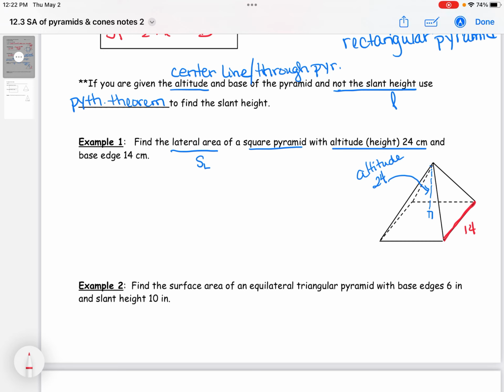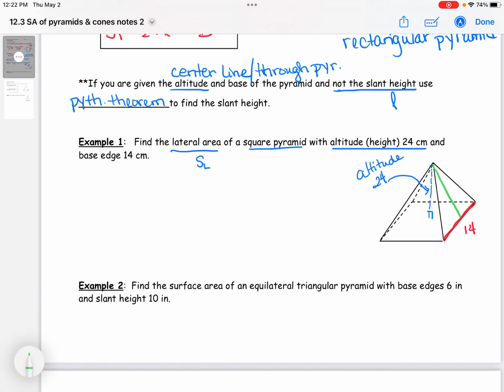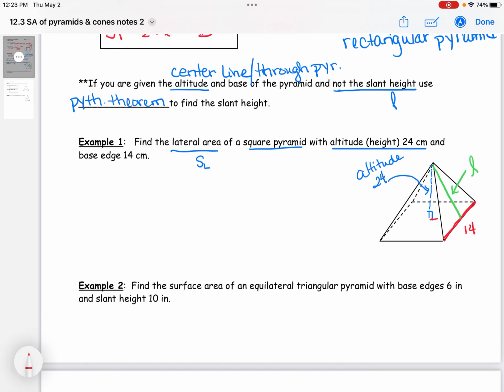And what I want is this lateral, what do we call that? Slant height. Okay, so this is my slant height. And let me go back to red. Now you kind of see the triangle, this is going to be half of the base. So that's going to be 7. So I have 7 and 24, and I need the slant height.